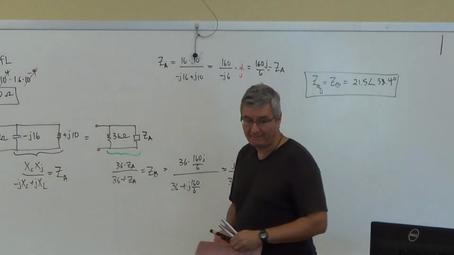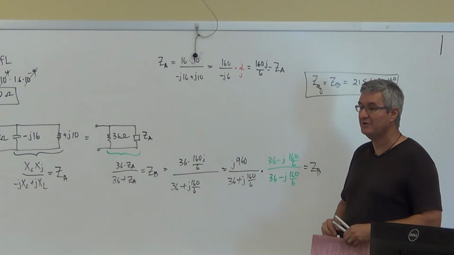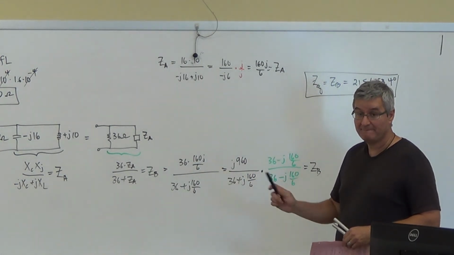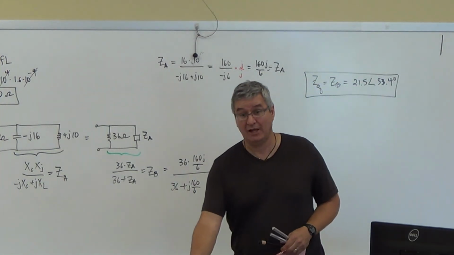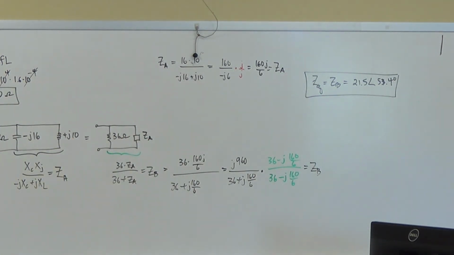This is where people go to Costco and buy one of the calculators. For this reason right here. So, how would I calculate this thing? Not this way. This is the absolute worst possible way you could imagine.